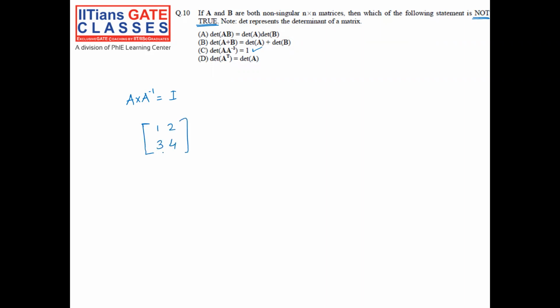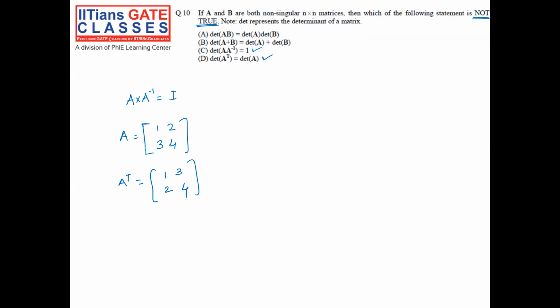This is matrix A. If you take a determinant, what will happen? 4 into 1 minus 3 into 2. And if I take A transpose of it, 1, 3, 2, 4, the elements get swapped, but their multiplication is the same. So ultimately our determinant value is not changing. It is 4 minus 6, and here also it's 4 minus 6. So this option is also correct.